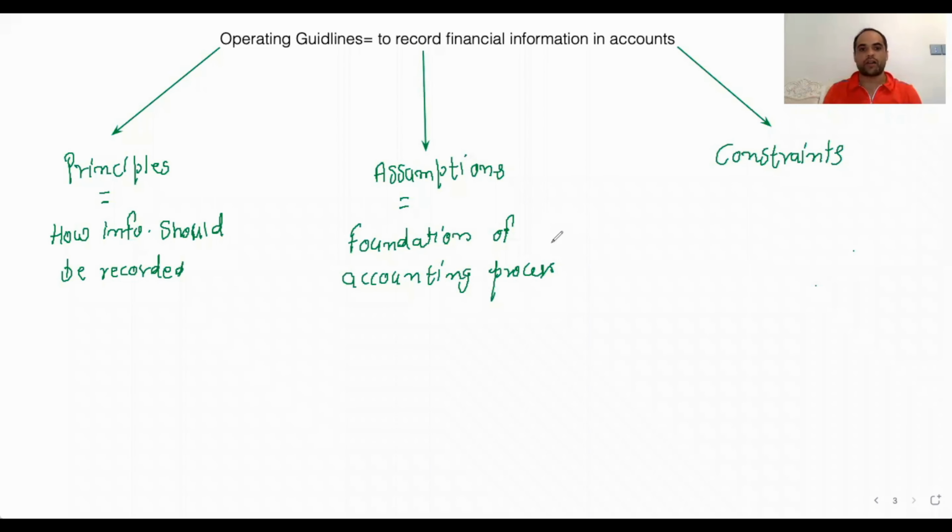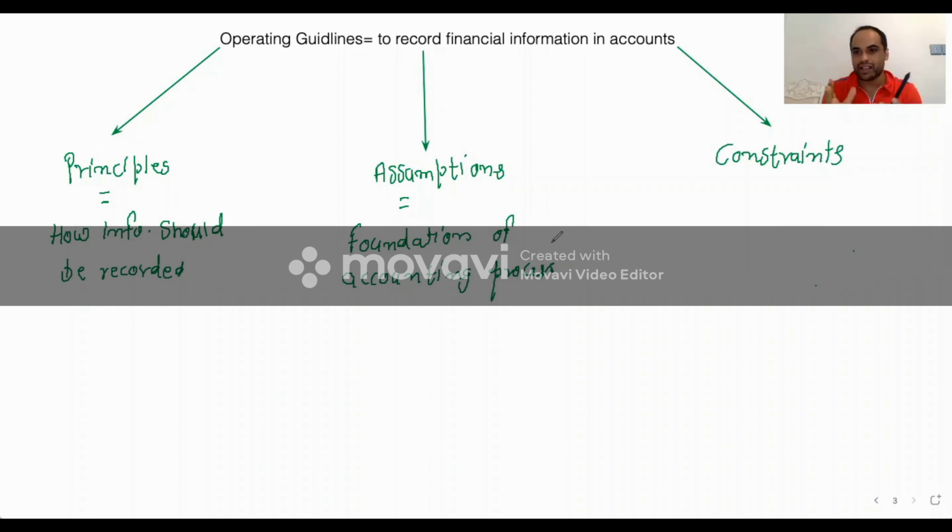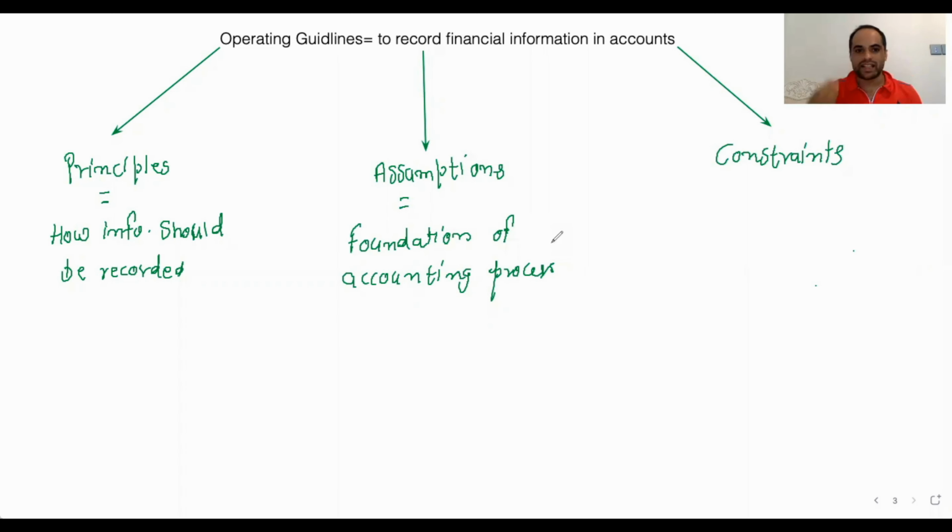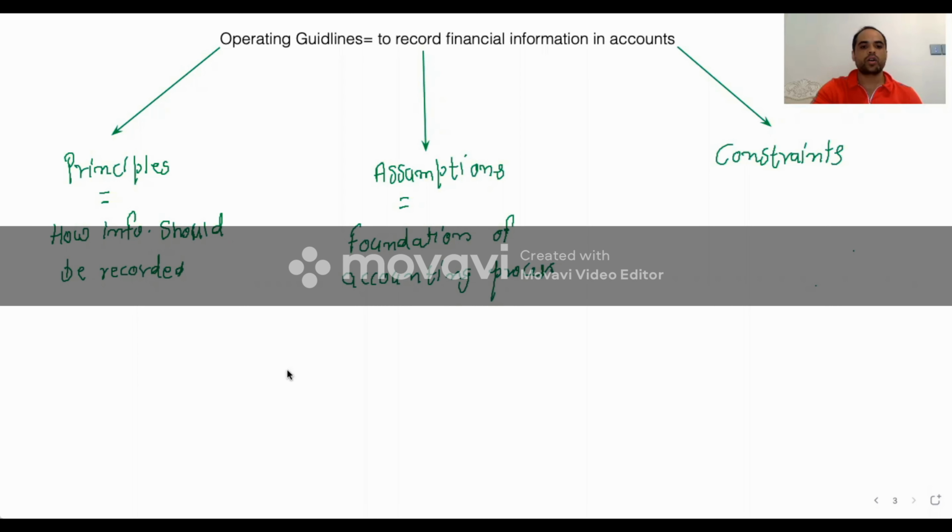Before you understand the accounting process, you have to keep in your mind the foundation, the basic things, before you apply it. I repeat, accounting process, 5 steps. So before you move on to each of these steps, you need some basic things, and those basic things come from the assumptions. And the third thing is constraint.